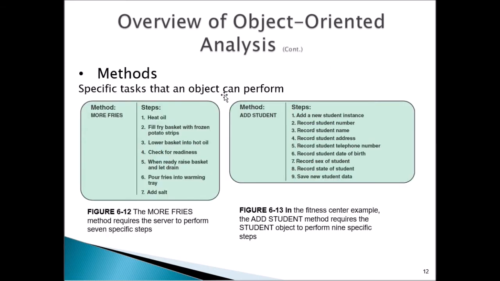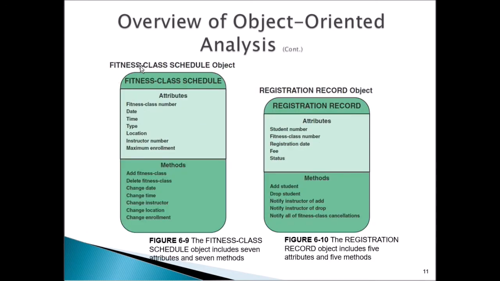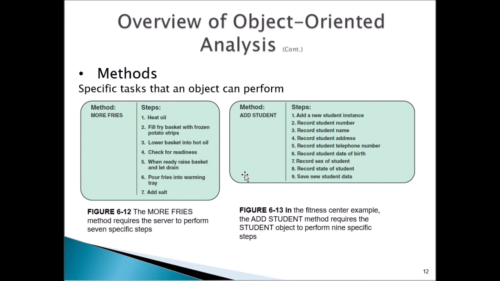Here's an example of a fitness class schedule object and a registration record. These are both objects. Methods are specific tasks that an object can perform. Here are some methods for add student.